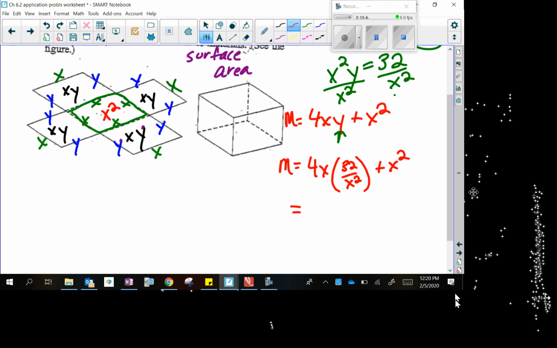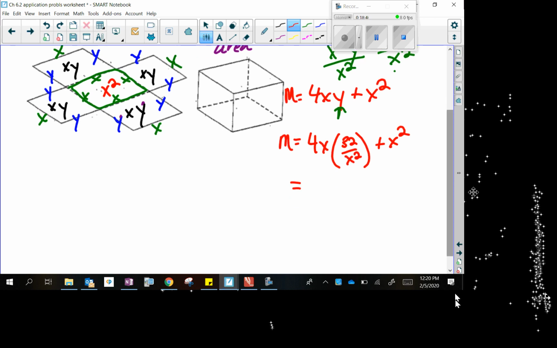Now, how can we simplify that? Catherine? There you go. And then what can we do with that even further? There you go. Does everybody agree with that? And then we also still get plus x squared.